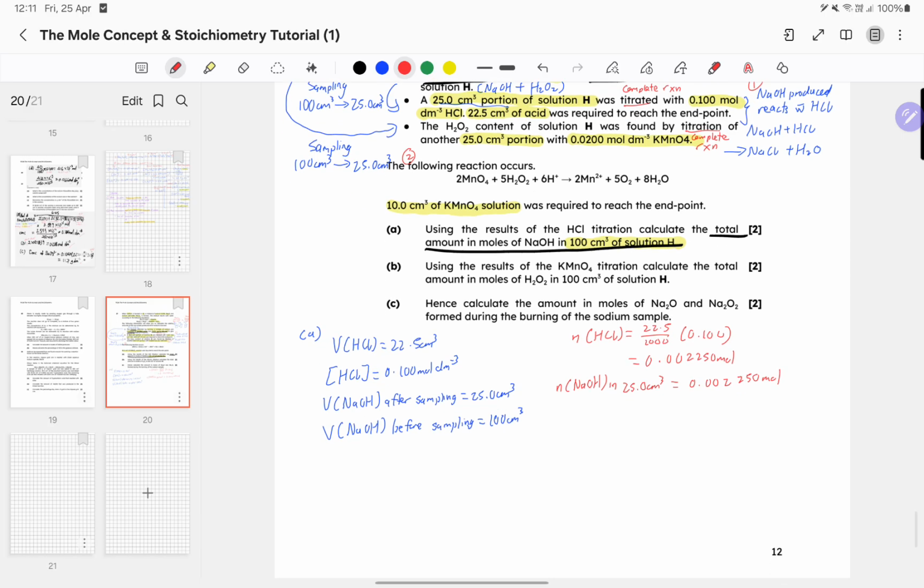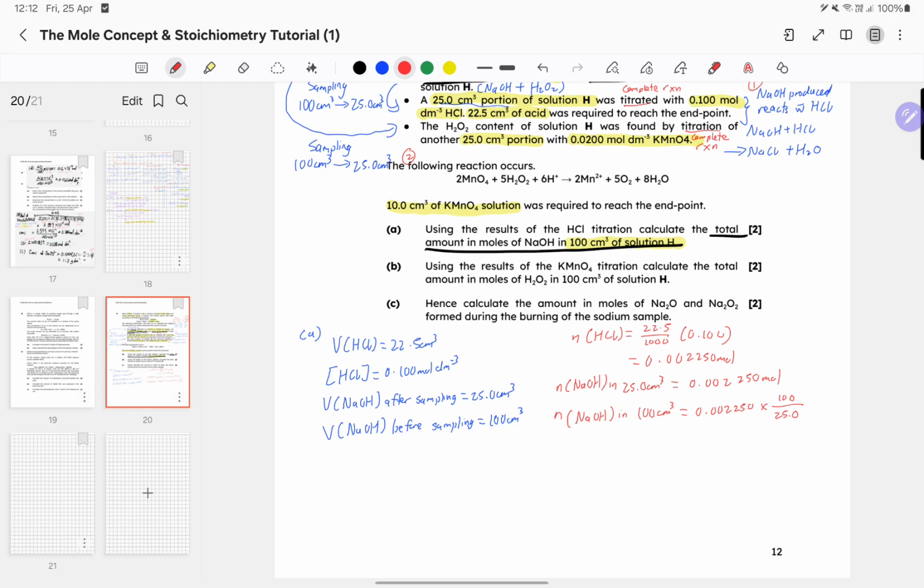Then if I want to go to 100 cm cube, I'll take this number and multiply by a scale factor. So this scale factor is 100 over 25.0 because you're taking the bigger volume dividing by the smaller volume, right?